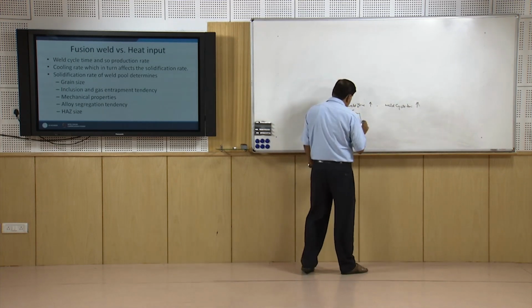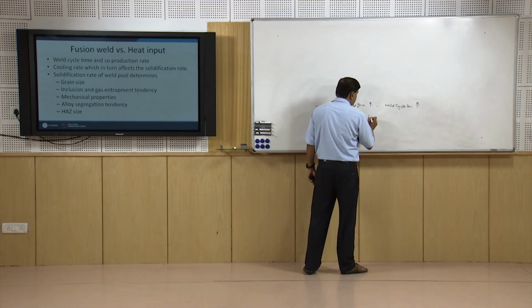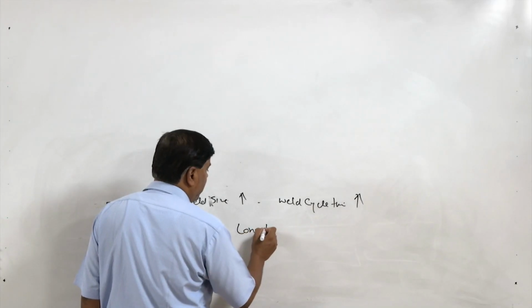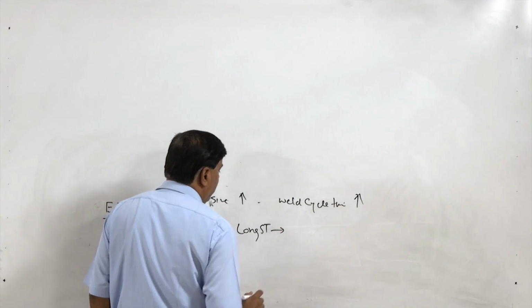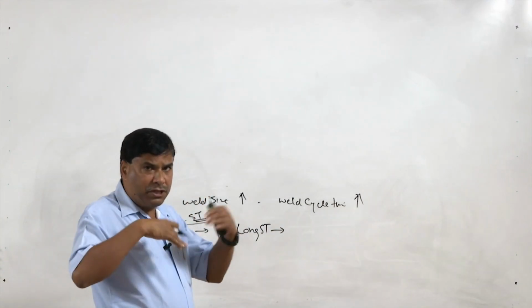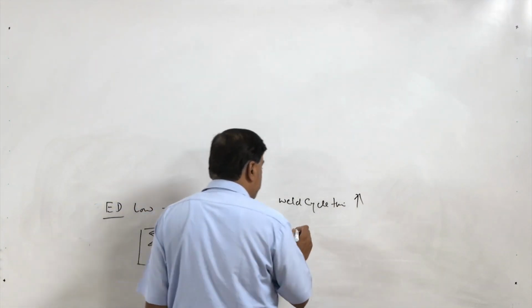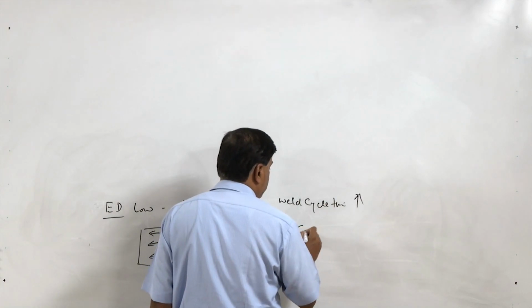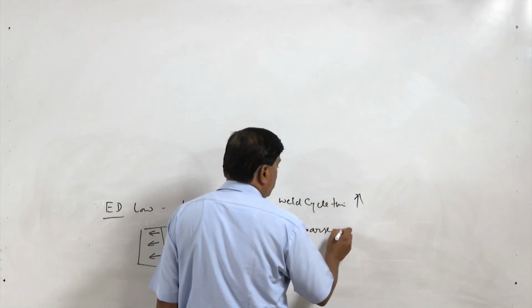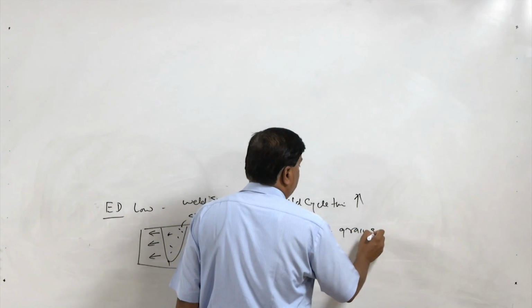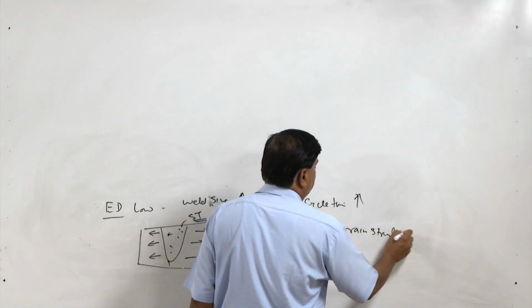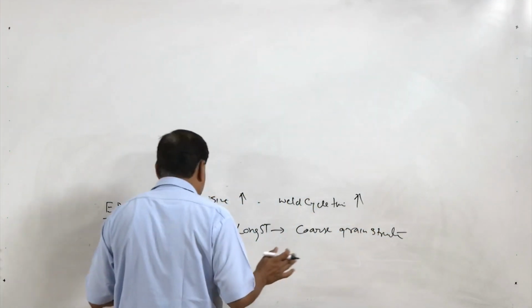So longer solidification time allows each of the constituents in the weld to grow to a large extent. So it results in the coarse grain structure, because a lot of time is available for the grains to grow.